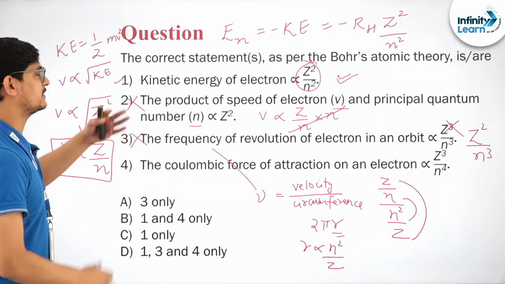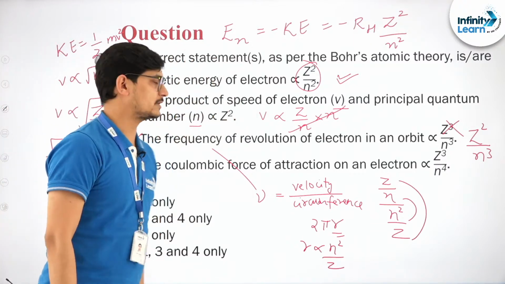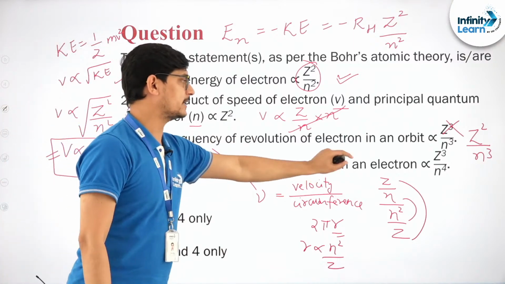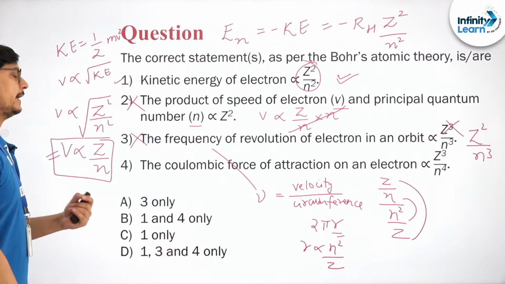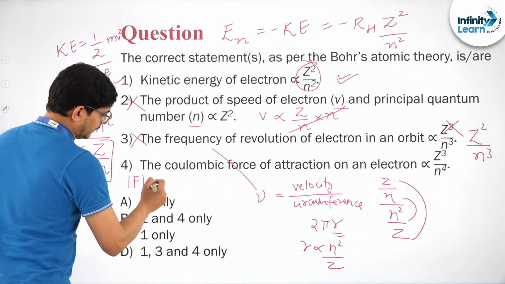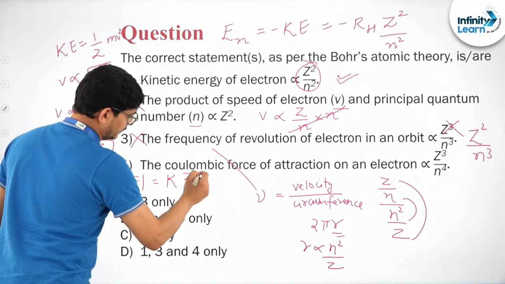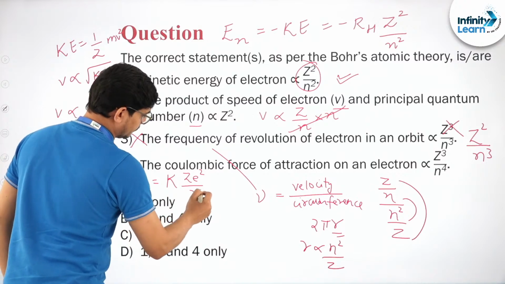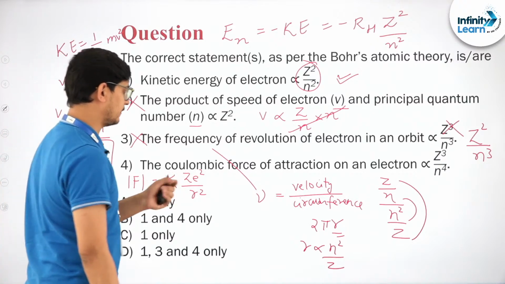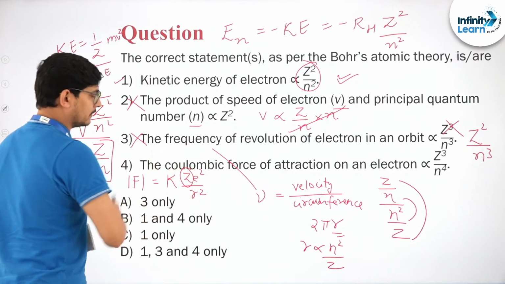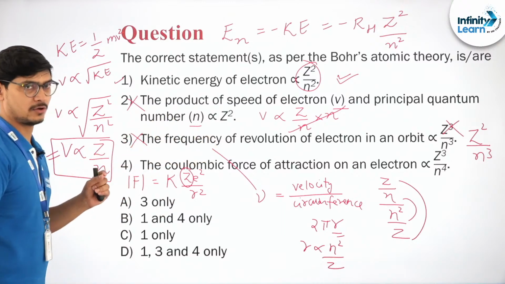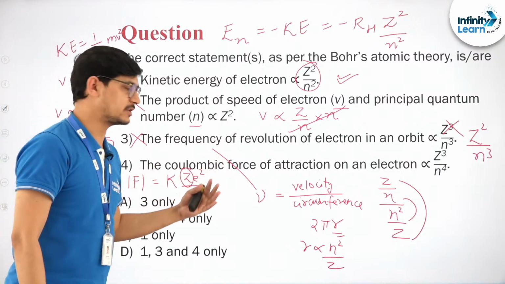You see, we are getting to revise a lot of things just with this question. Fourth, the Coulombic force of attraction on an electron is proportional to z cube by n4. Now, what is the magnitude of Coulombic force? It is k z e square by r square, where k is the proportionality constant, z is the atomic number, and r is the distance between the nucleus and the electron, which we call the radius of a stationary state.